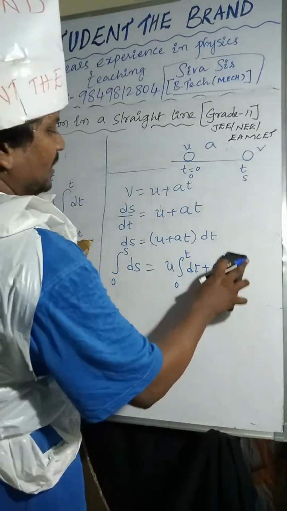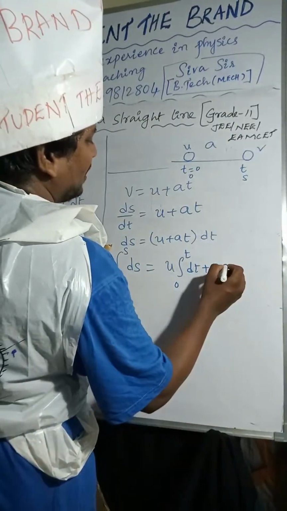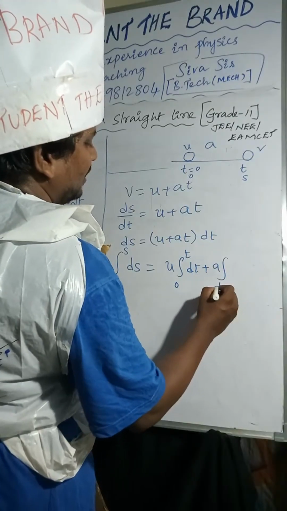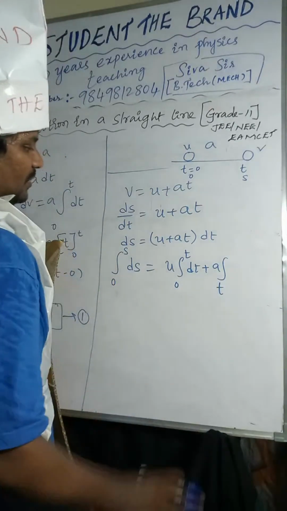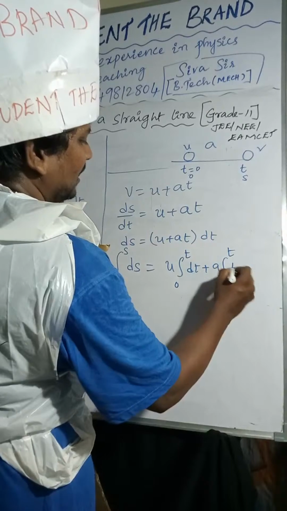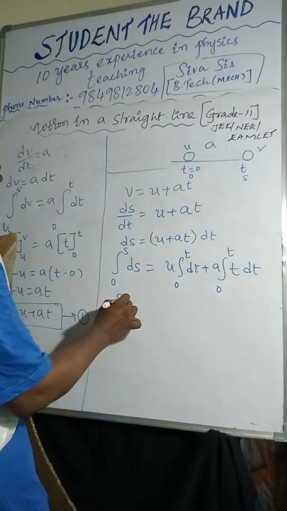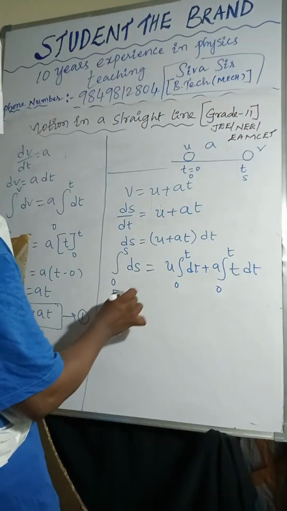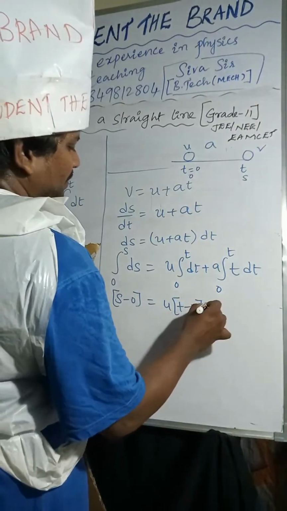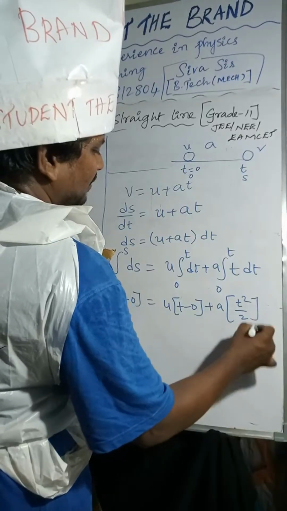The integral of x dx equals x power n plus 1 by n plus 1. So the integral of t dt, with 0 to t substituted, gives s minus 0 on the left, ut minus 0, and plus a into t square by 2, that is 0 to t.